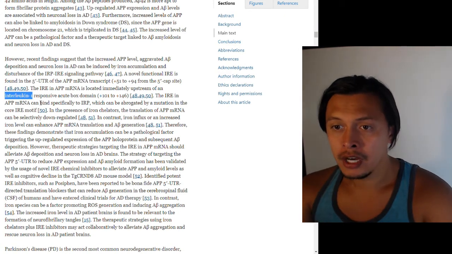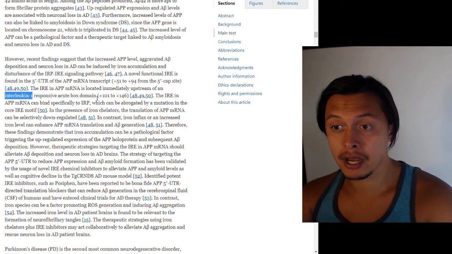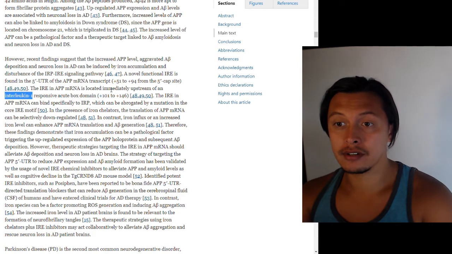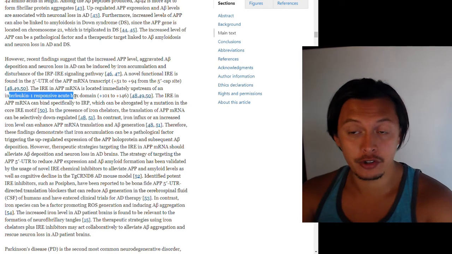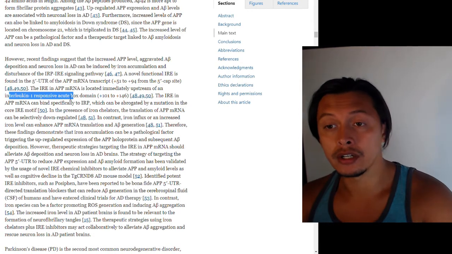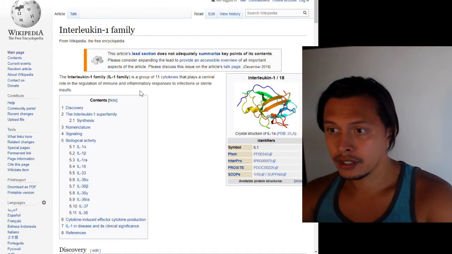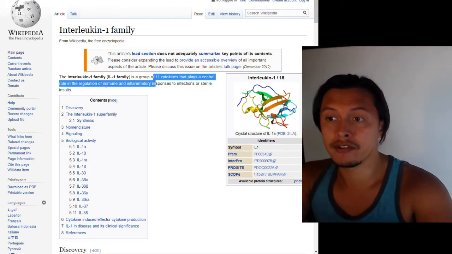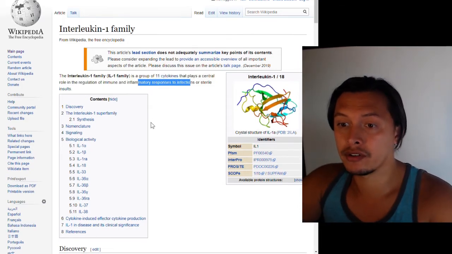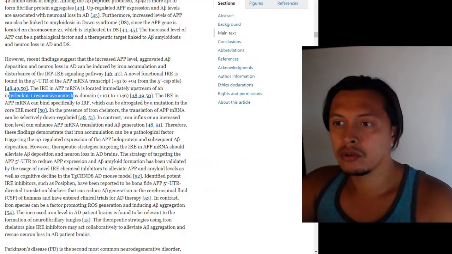So there is this interleukin-1 responsive acute box domain that is right after the iron response element. So theoretically, inflammation induced by interleukin-1 can also modulate this activity. It is a group of 11 cytokines that play a central role in the regulation of the immune and inflammatory responses to infection or sterile insults. So yeah, we will come back to that possibly.